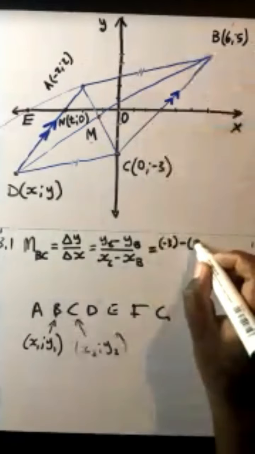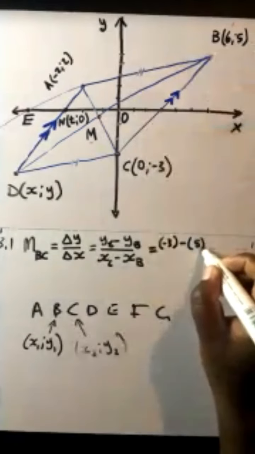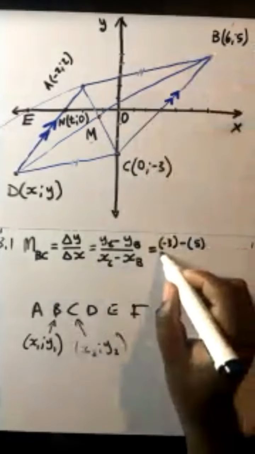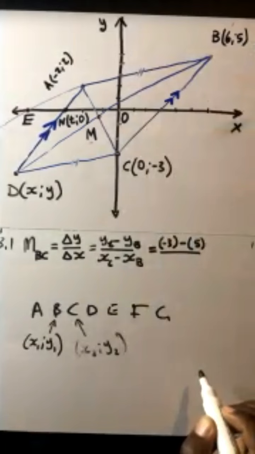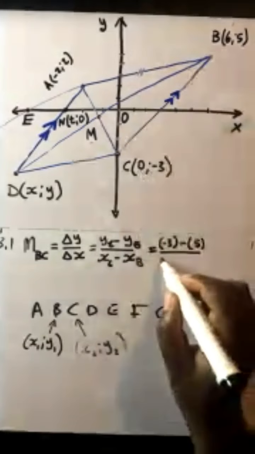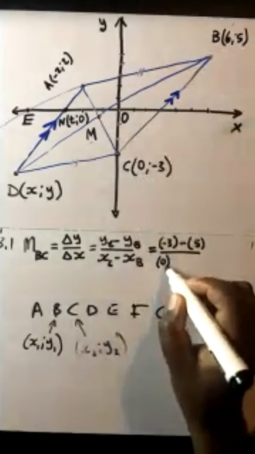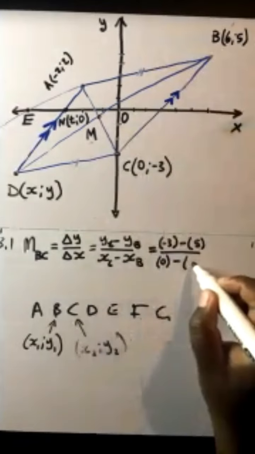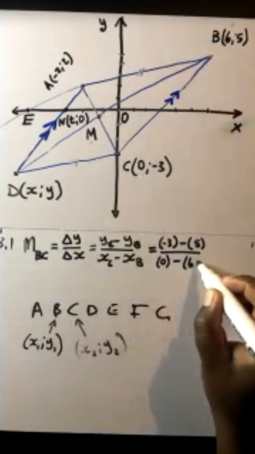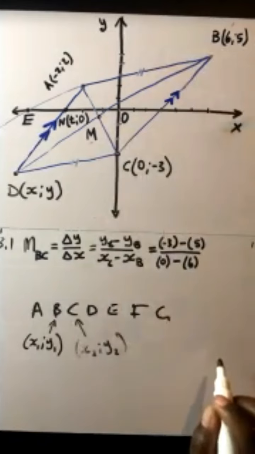It's 5. So that's 5, over, what is the x of C? It's 0, ladies and gentlemen, minus what is the x of B over there? The x of B is 6.